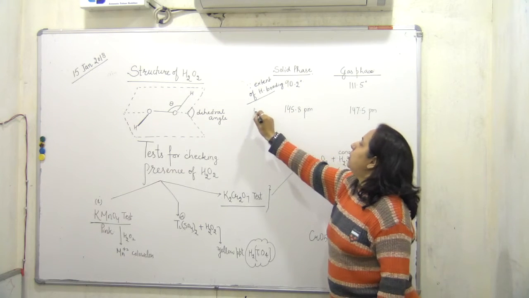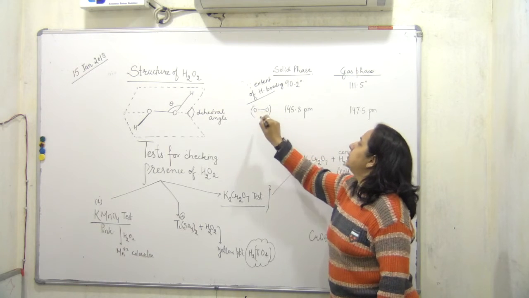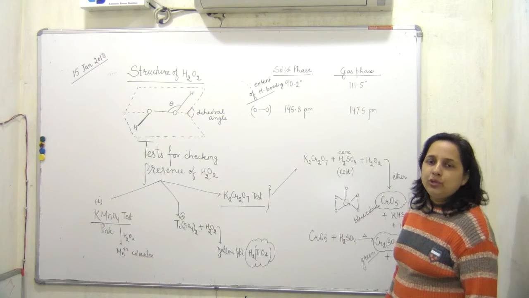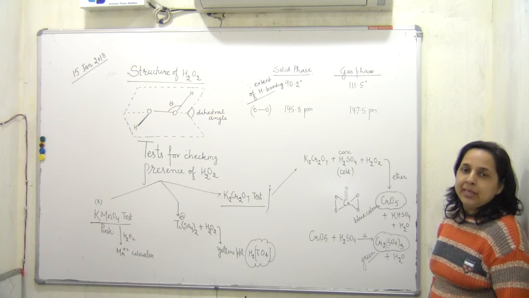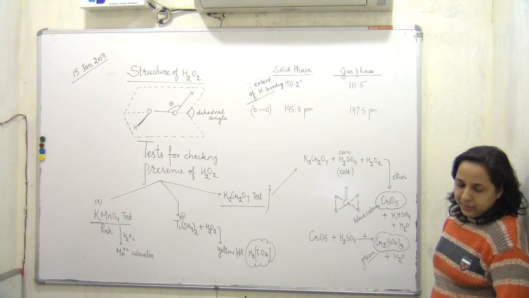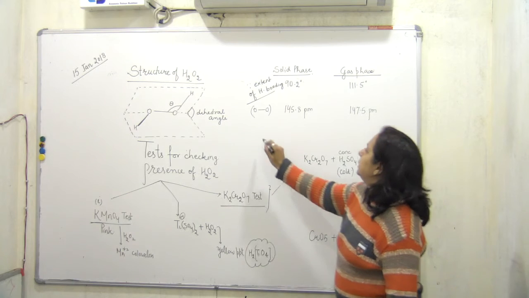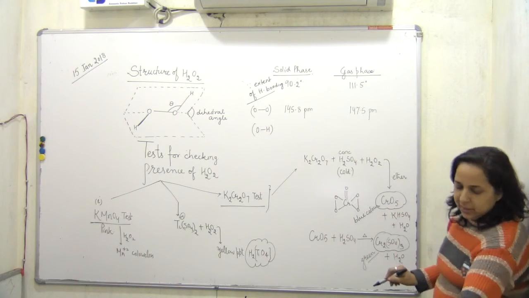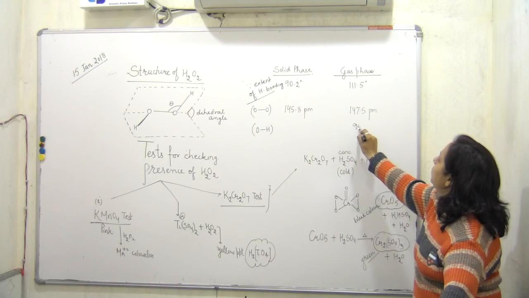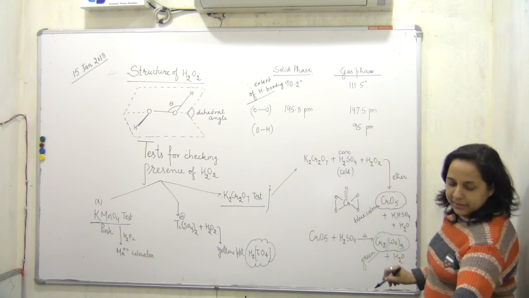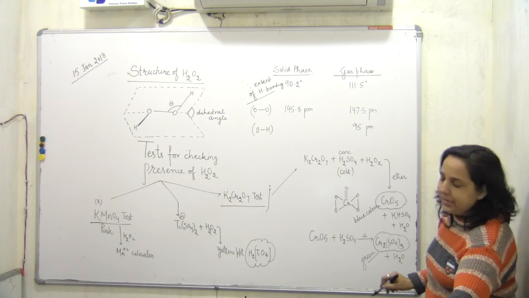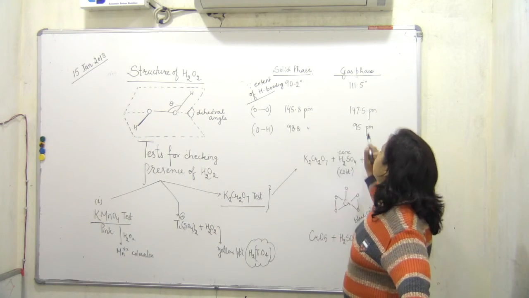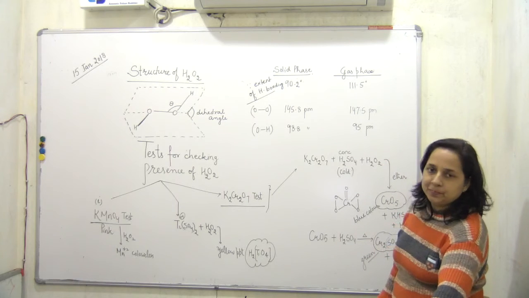So the bond length of O and O varies. In the same way, we have the OH bond. In the gaseous phase, it is 95 picometer, but this OH bond is 98.8 picometer in the solid phase.